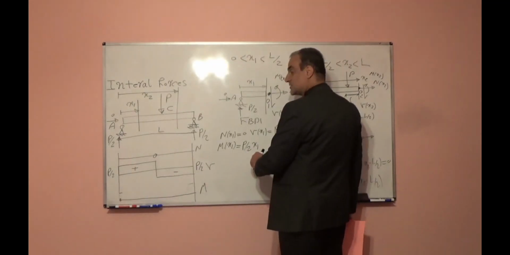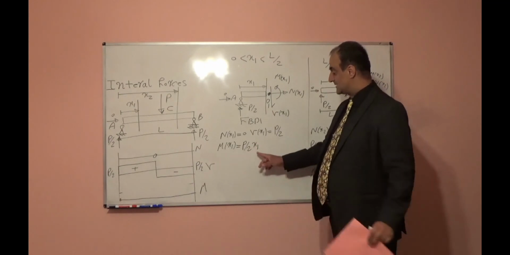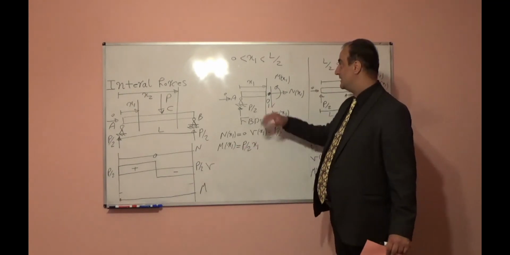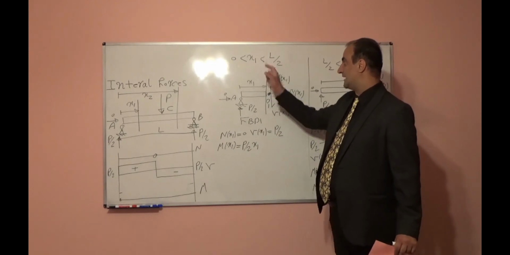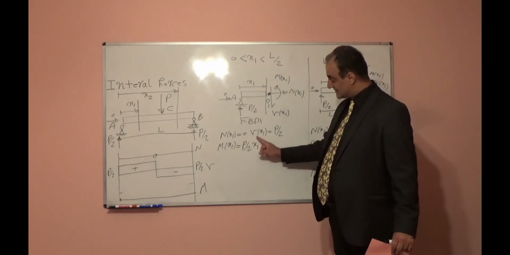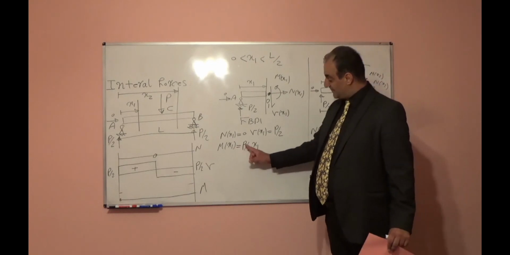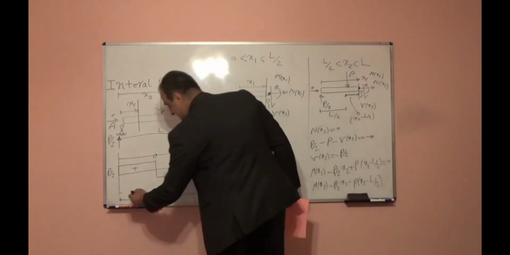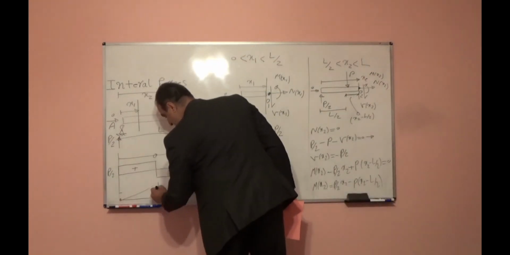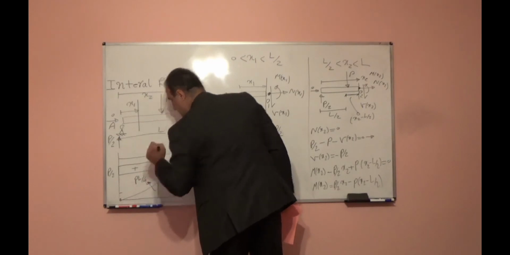And this function is a linear function. So if I increase the x1, mx1 linearly will increase. x1 can vary from 0 to L over 2. At L over 2, if I plug L over 2 instead of x1, mx1 will be P over 2 times L over 2. So it will be PL over 4.